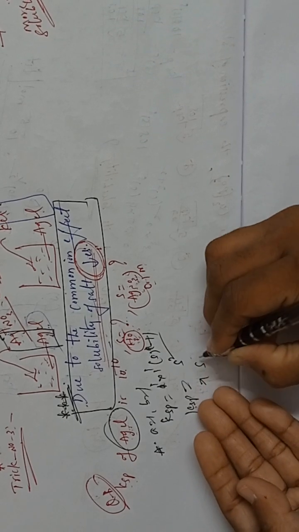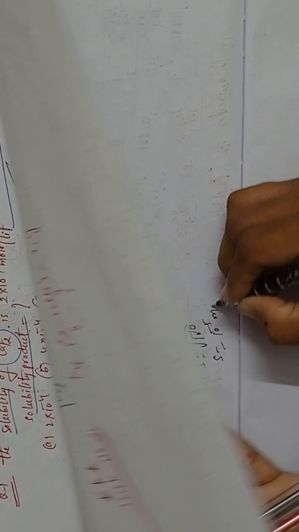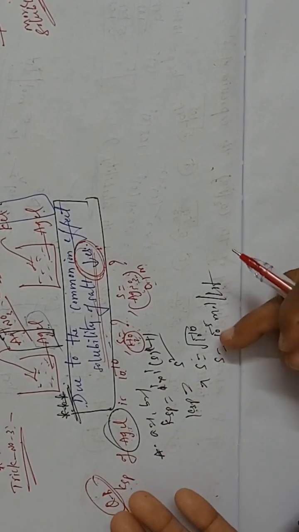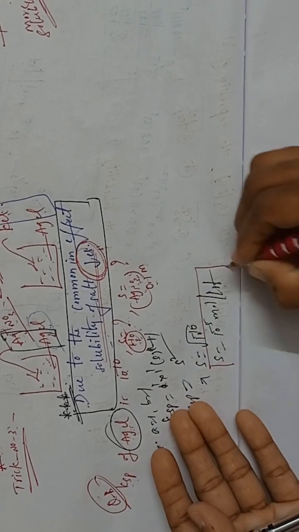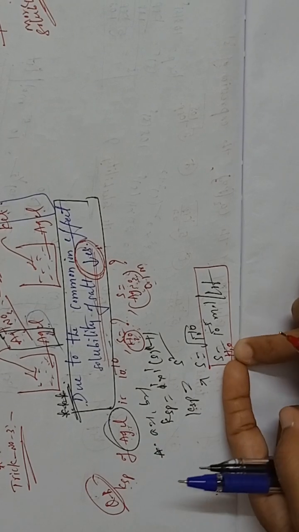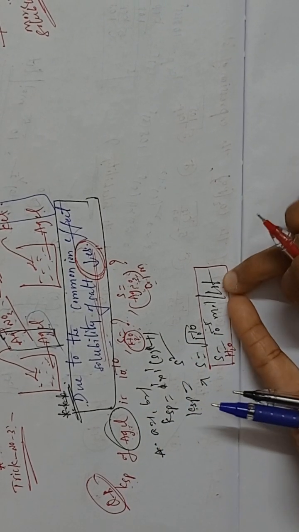So what is s, students? Square root of 10 power minus 10. s equals 10 power minus 5 mole per liter. This is the solubility of AgCl in water: 10 power minus 5 moles of AgCl dissolved in 1 liter of water.